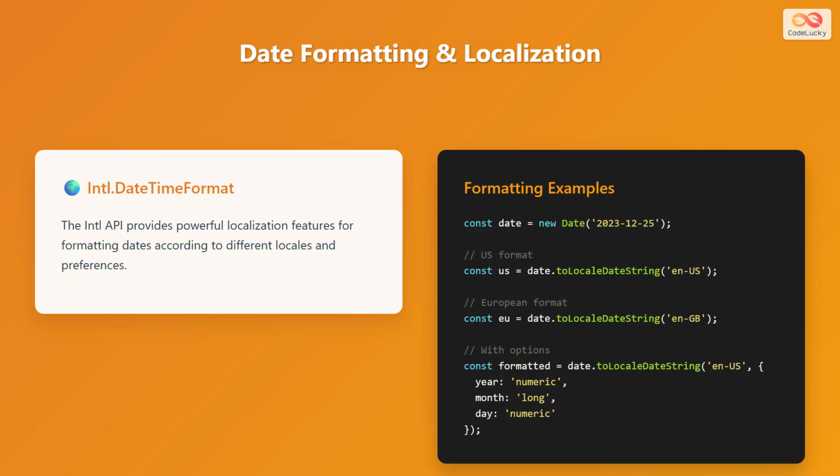To format the date according to the European locale, use date.toLocaleDateString('en-GB'). You can also use options to customize the formatting. For example, to display the year as numeric, the month as long, and the day as numeric, use date.toLocaleDateString('en-US', { year: 'numeric', month: 'long', day: 'numeric' }).